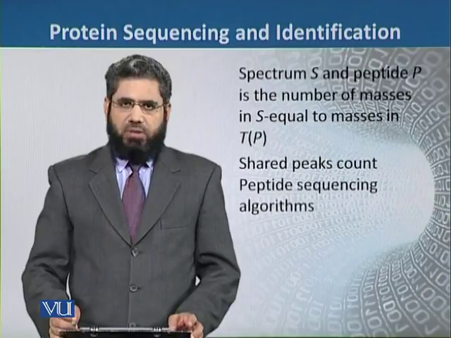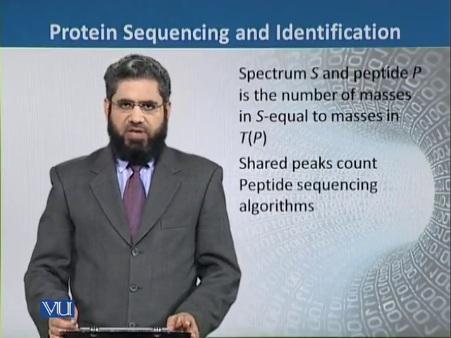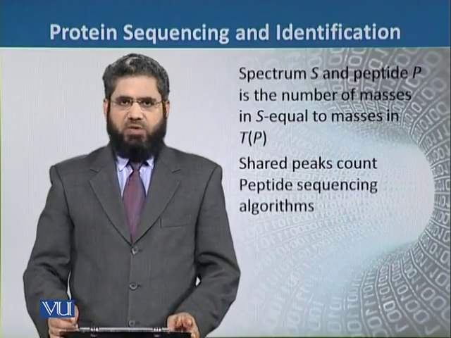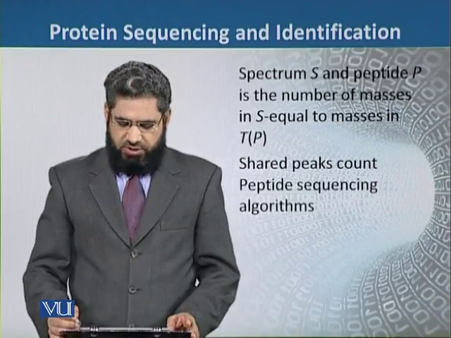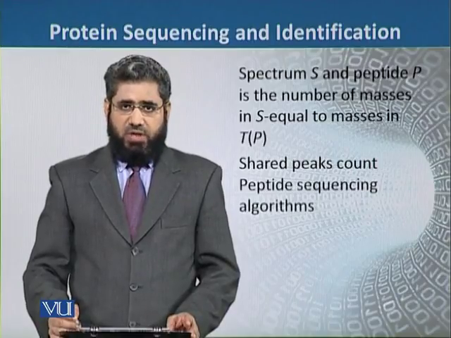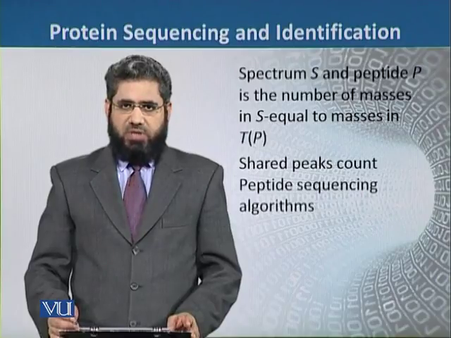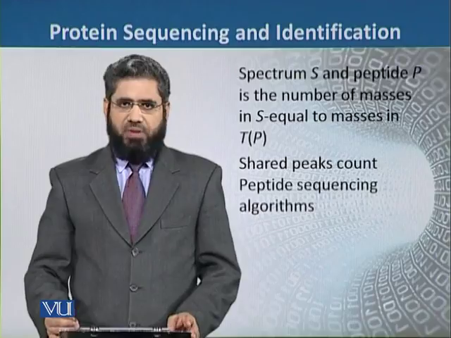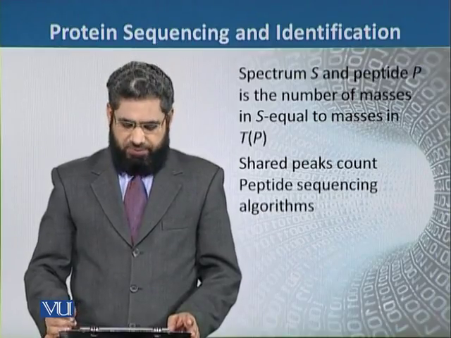The algorithm that we use for the identification of peptides uses more sophisticated functions as compared to the shared peak count, and it also gives specific weights to the spectrum and the peptide.